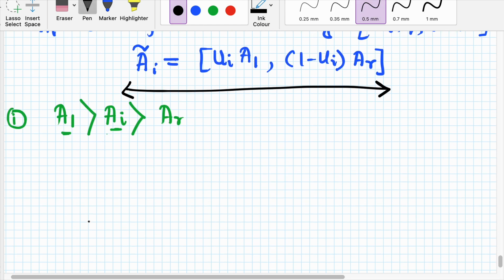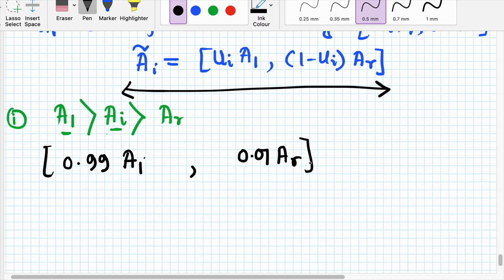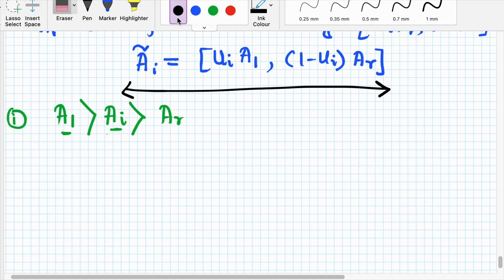So suppose I make a lottery with this number, 0.99, with 0.99 probability I will get a prize A1, and with 0.01 probability I will get the prize AR. Let me give an example with real money.